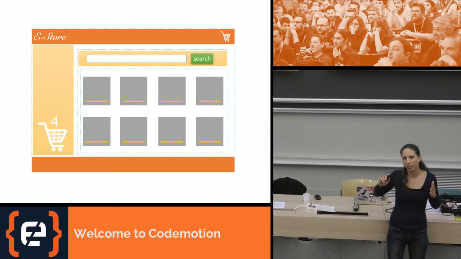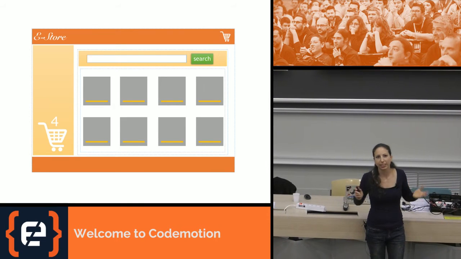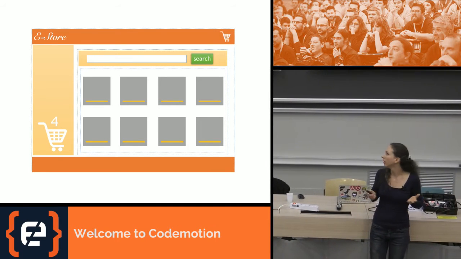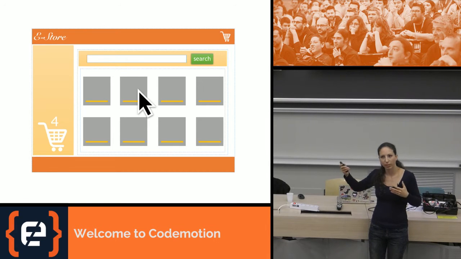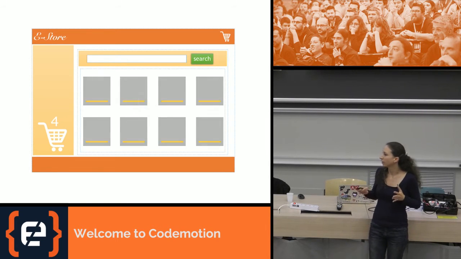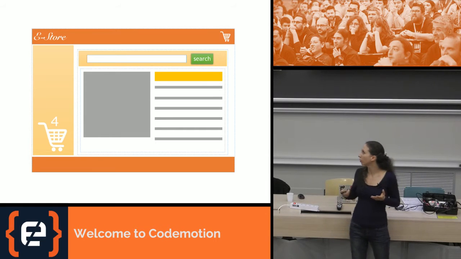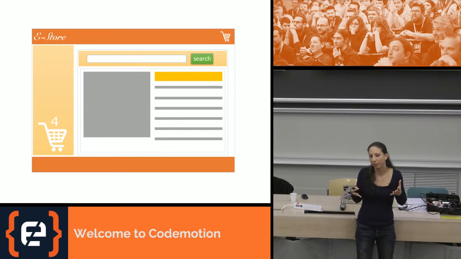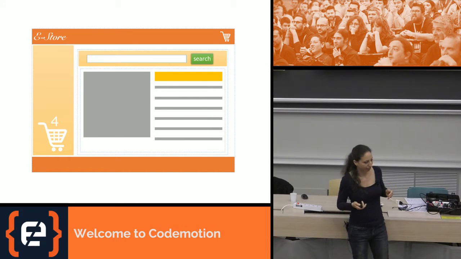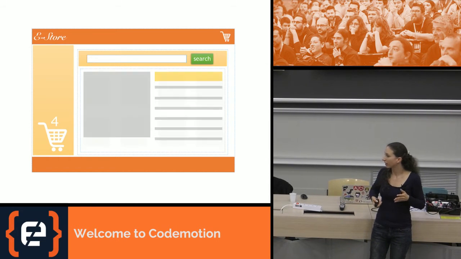Okay, so let's look at a basic application, which is an online store, and it has different components. You can actually see the components. If you click on one of the items, then the application switches the view to the view of the item itself. And let's take a look back.